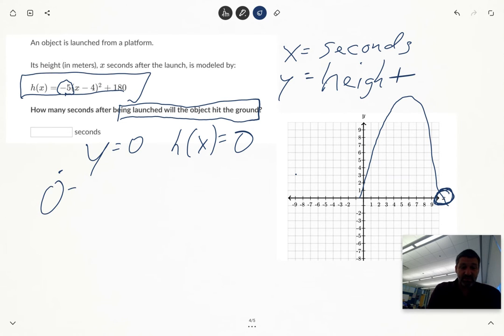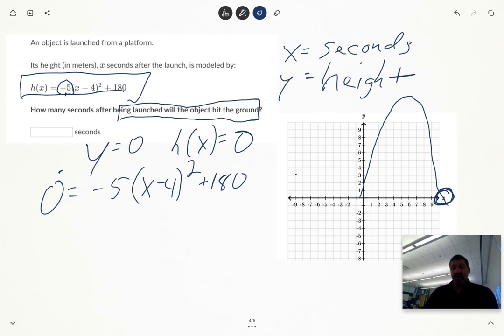So it'd be 0 equals -5 x minus 4 squared plus 180. And we're going to isolate the squared quantity, so the x minus 4 squared. So I'm going to subtract 180 from both sides.